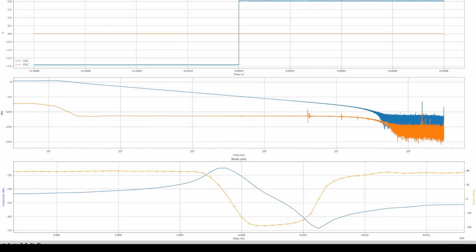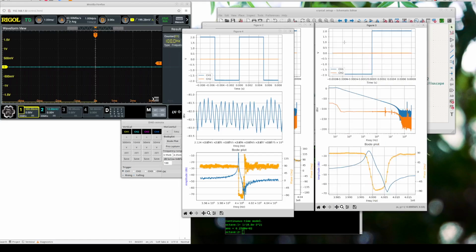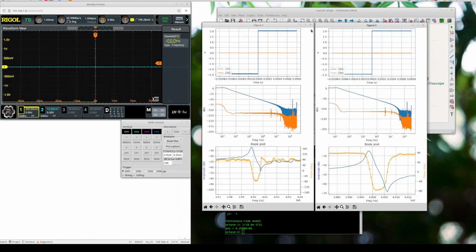That could be improved by lowering the time base a bit further. But at least you can see that this method of creating a Bode diagram from a square wave signal is actually quite usable. Later on, I will show other examples with an RC network or an LRC tank, for instance.